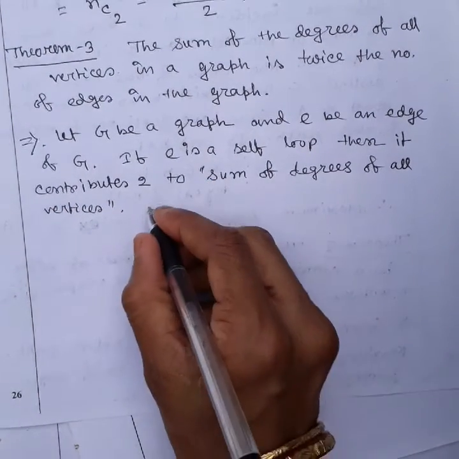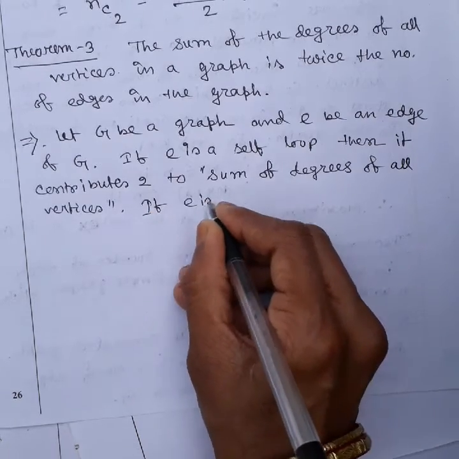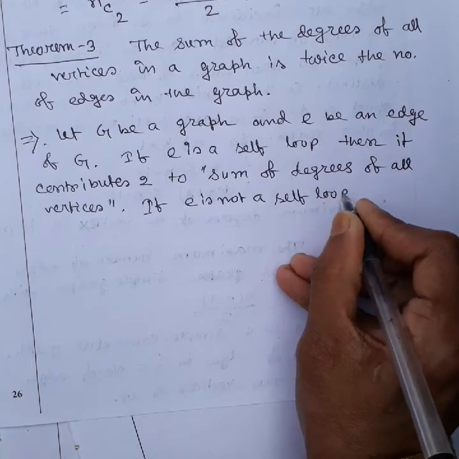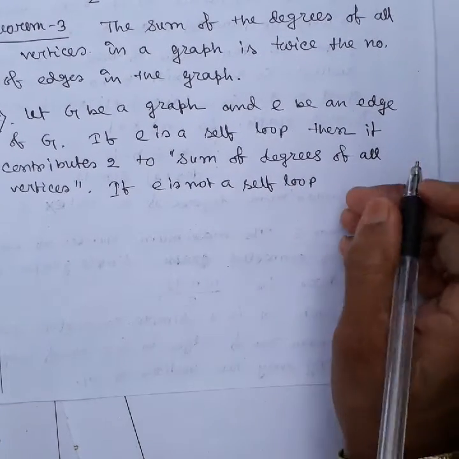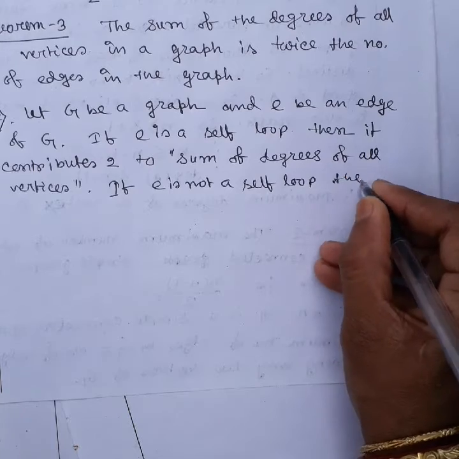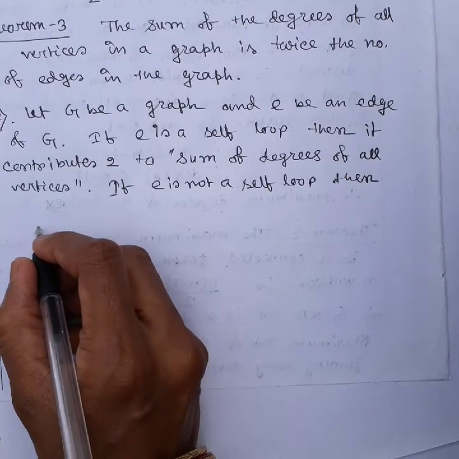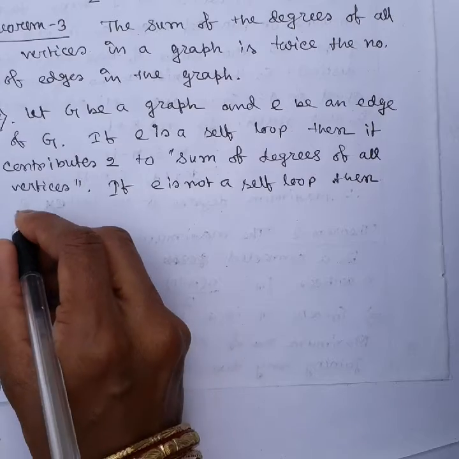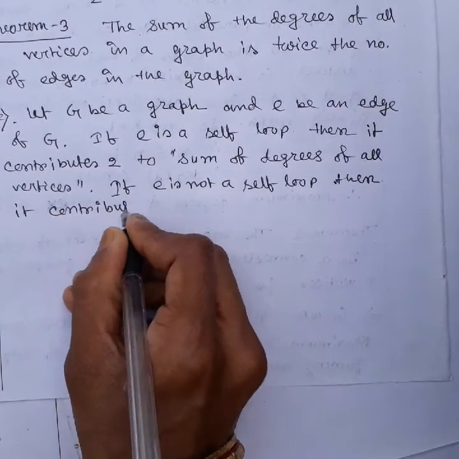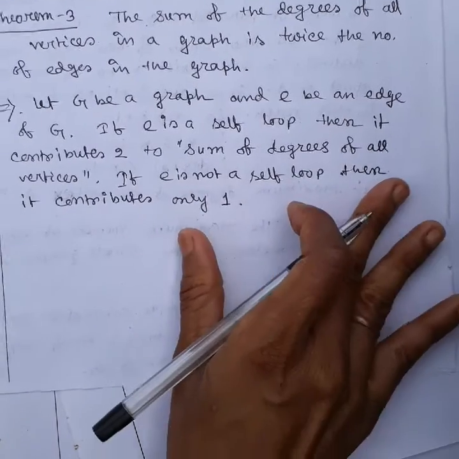And if E is not a self loop, then it contributes only 1.